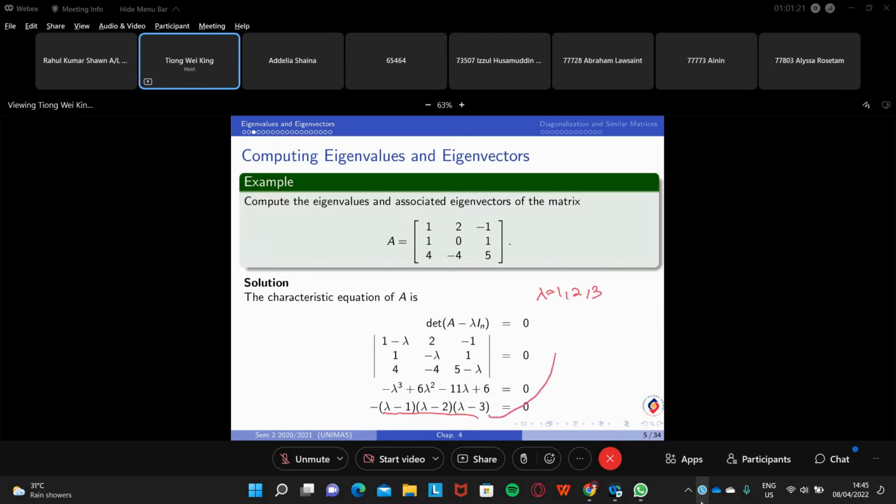So meaning for this matrix, we have 3 eigenvalues. First is 1, the second is 2, third is 3. For each eigenvalue, we need to find the eigenvector. So how do we find the eigenvector?